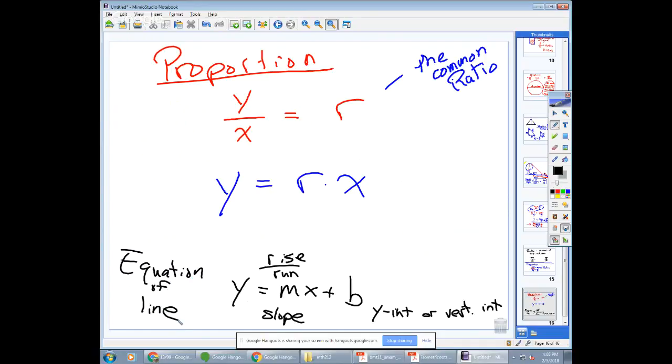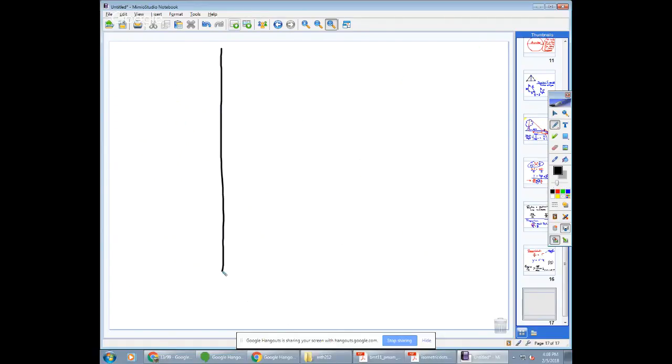In general, it turns out a proportion is a line with (0, 0) as the y-intercept. So I'll just illustrate that in a picture. Think back to graphing, and here's our x-axis and here's our y-axis.